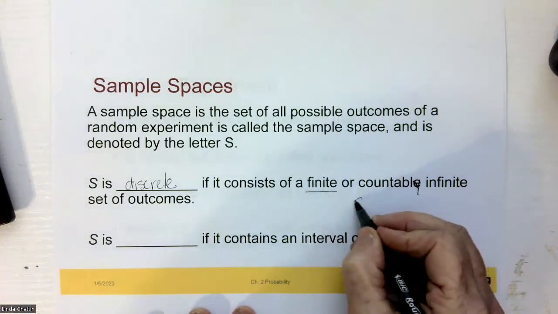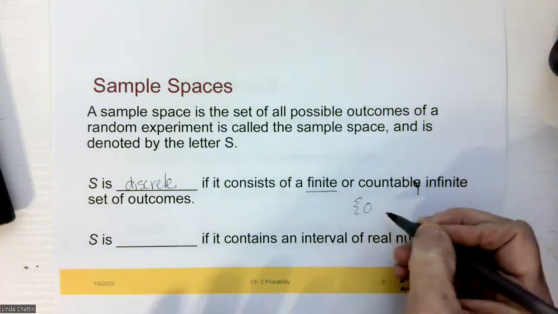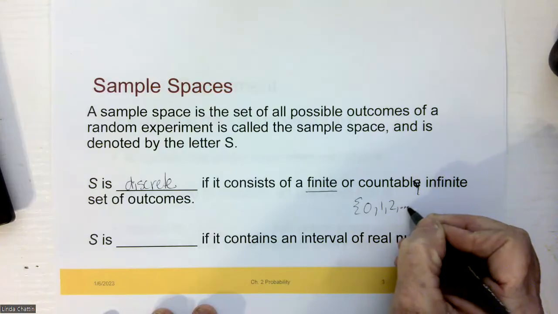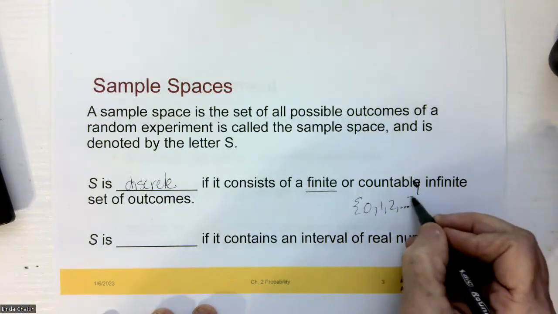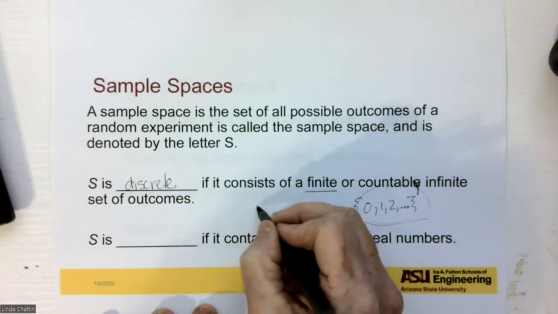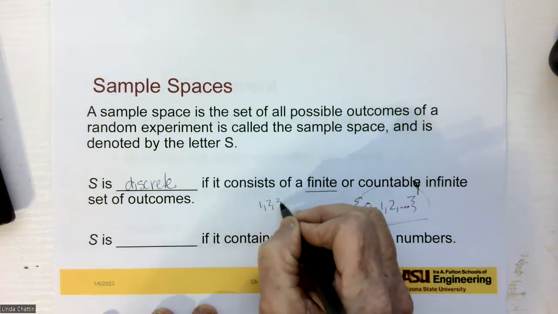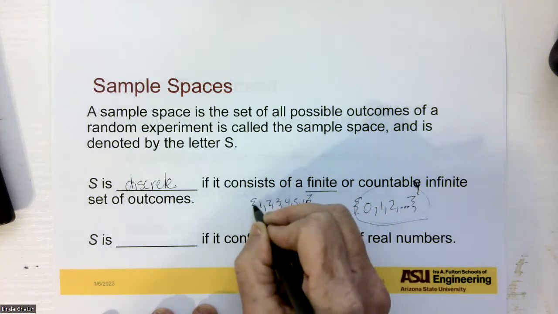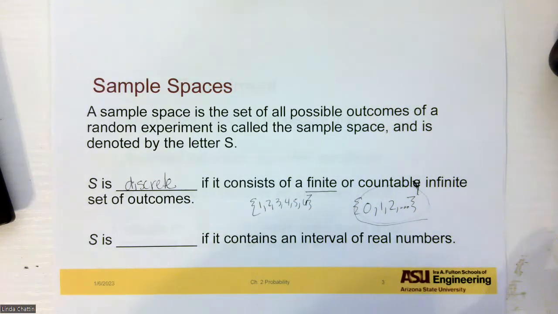Countably infinite would be like the integers, 0, 1, and then this ... means going on forever. So this would be an example of a countably infinite set. This would be an example, say, for the face value for the throw of a fair die, a finite discrete sample set.